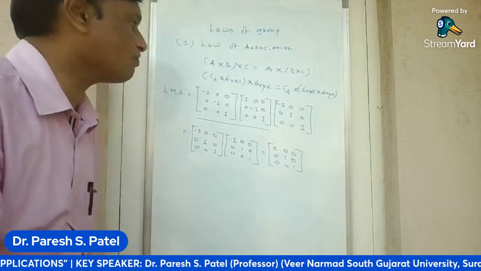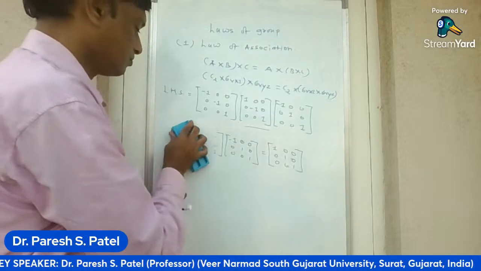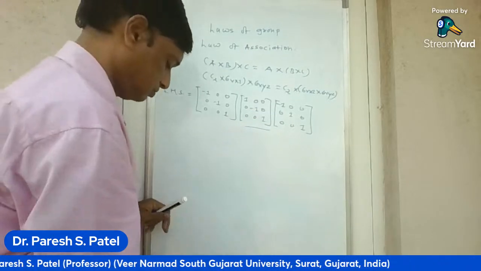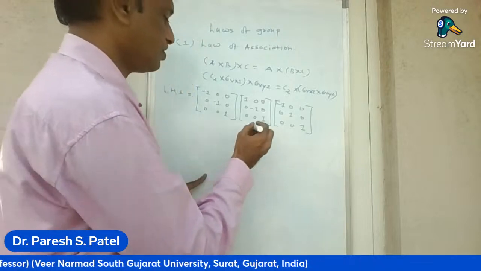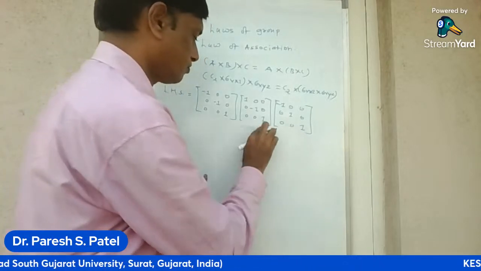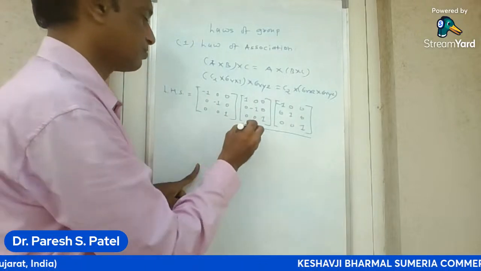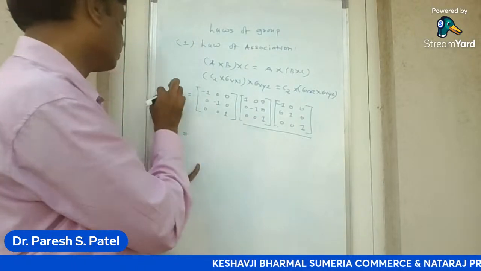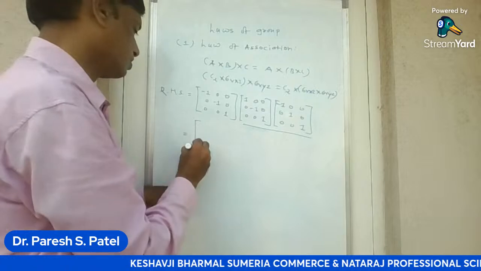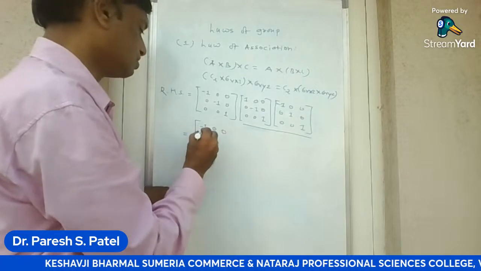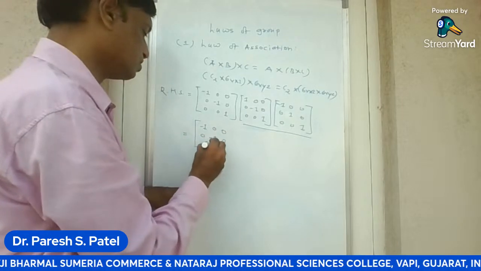Now in case of the right hand side, first of all we have to combine these two and then combine with this. So it is equal to minus 1 0 0, 0 minus 1 0, 0 0 1.